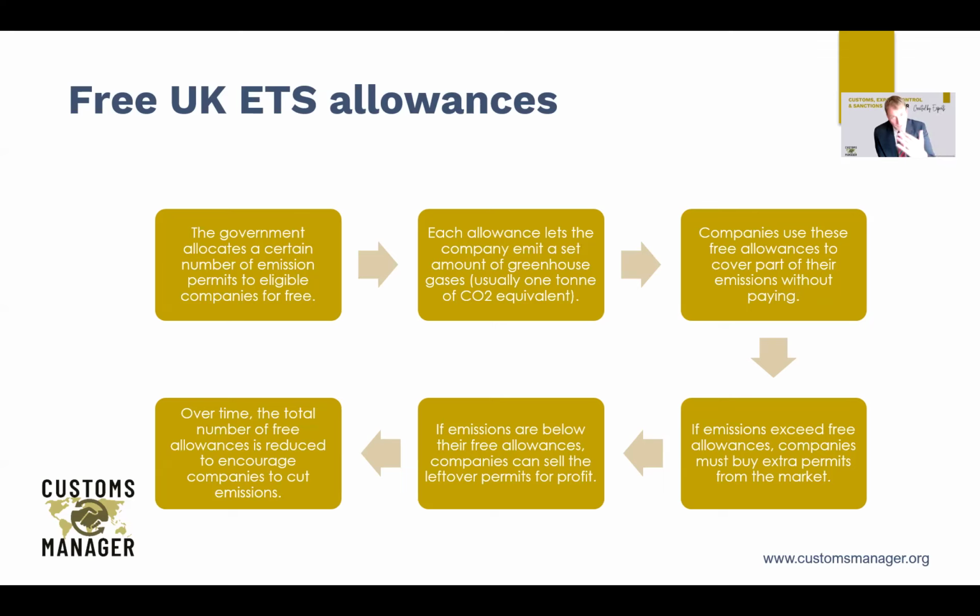So that's the step-by-step approach. I've already explained that in a way, but this is important because in the UK today there are already free allowances, so the CBAM rate that we need to calculate later also needs to reflect that.